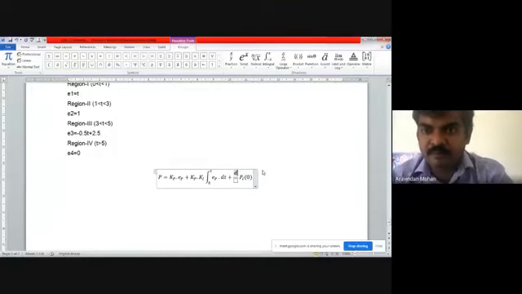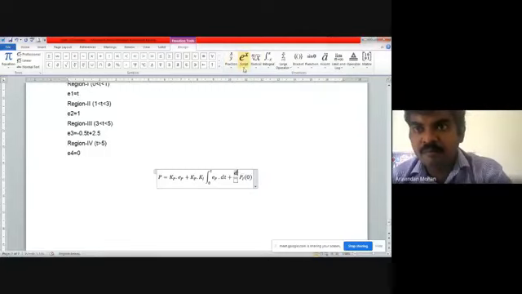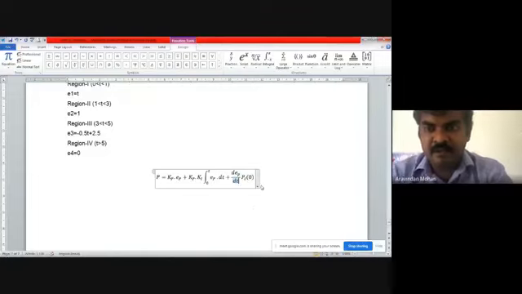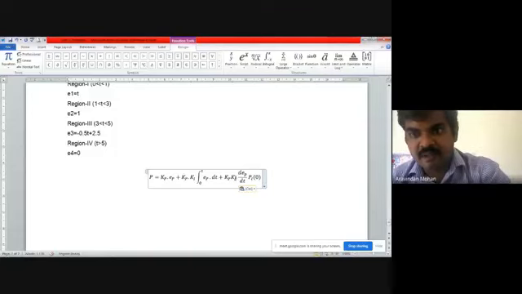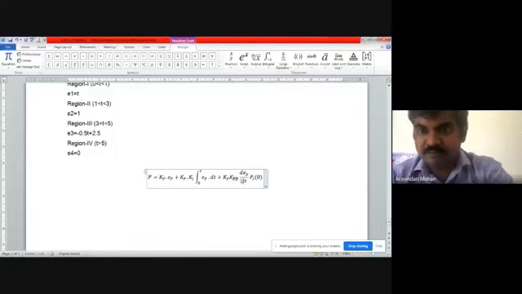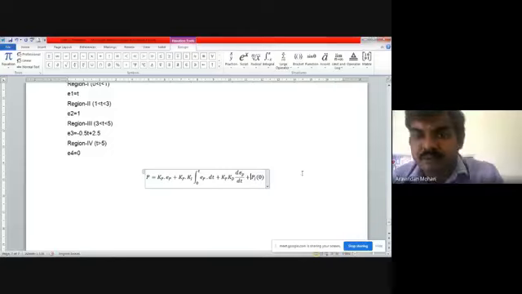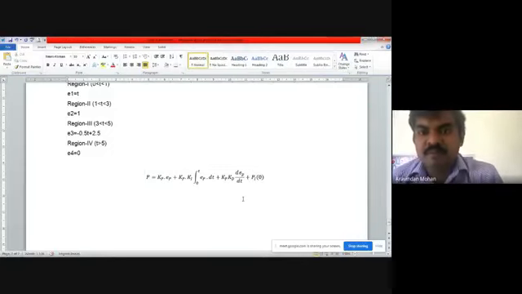So Kp into Kd, d by dt of Ep. This equation shows your PID controller equation.